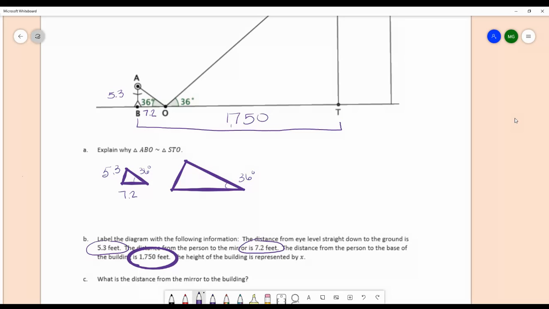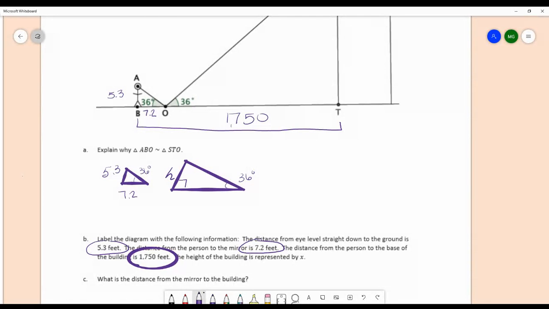Now the goal is to find this height right here, the height of this building, which should have been a 90-degree angle. So this, technically not drawn to scale, should have been 90 degrees. That's the height here. How can we find the length from the edge of the building to the mirror?